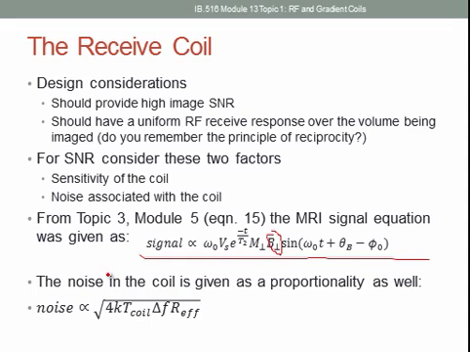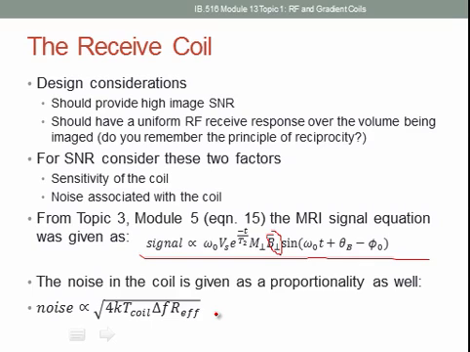The noise in the coil is given as a proportionality, as I'm showing here, where k is Boltzmann's constant. So it's proportional to the temperature of the coil. dF is the bandwidth, which will be our readout bandwidth, and R effective. R effective is the resistance in the coil, but it's also the resistance that the coil sees.